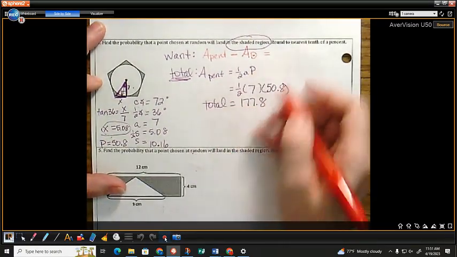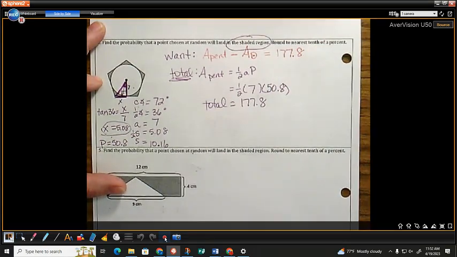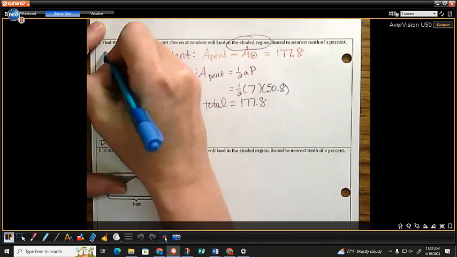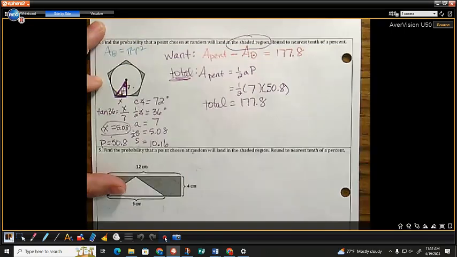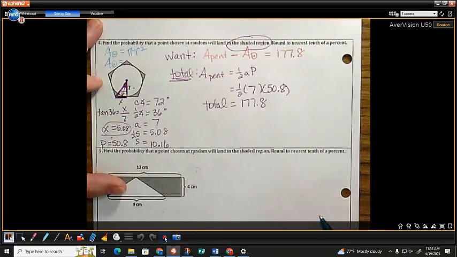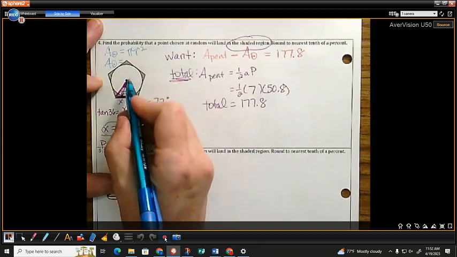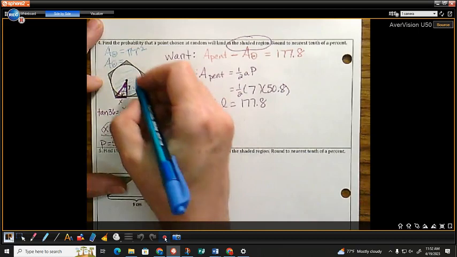Now, I know the area of the pentagon already is 177.8. We already did that work. But now we've got to do the area of the circle, which will be pi r squared. What is the radius of this white circle? It is the 7.